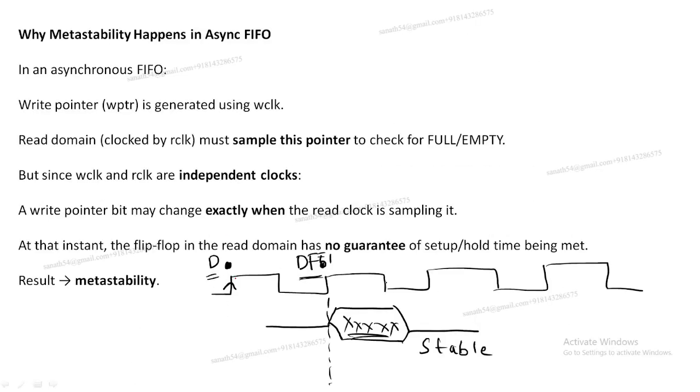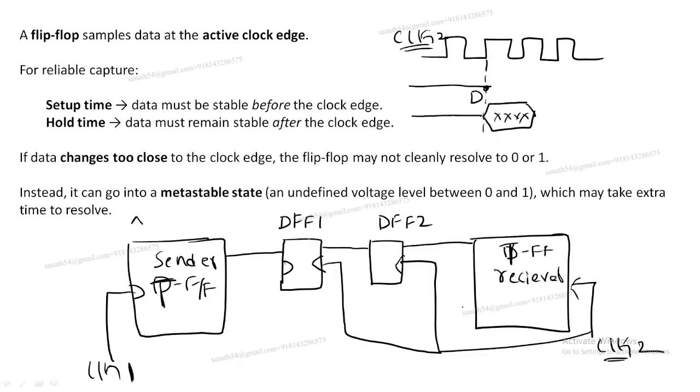Here is flip flop 1. The output will change during this edge, so it is not following the setup time and hold time. It will go into this metastability, and you are getting unknown. After that, it will go into the stable state. That stable state output is given to which flip flop?